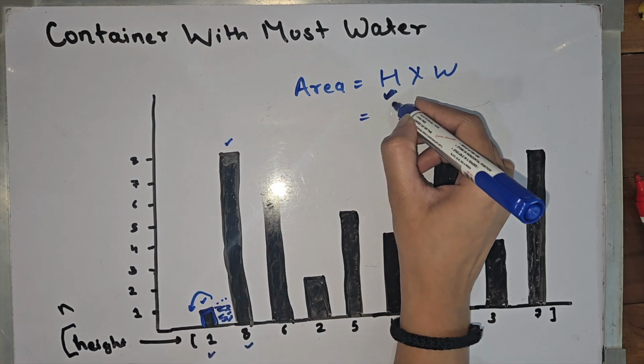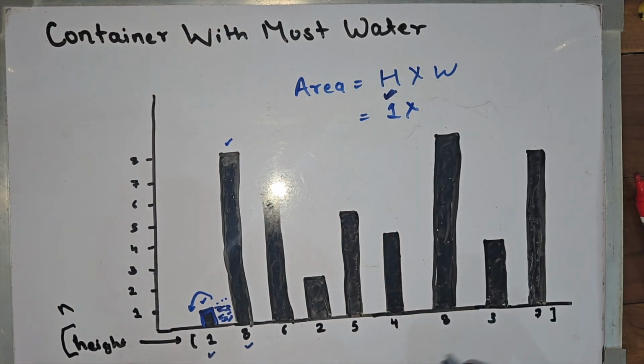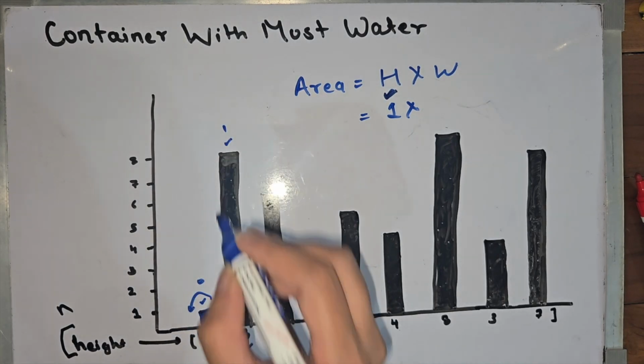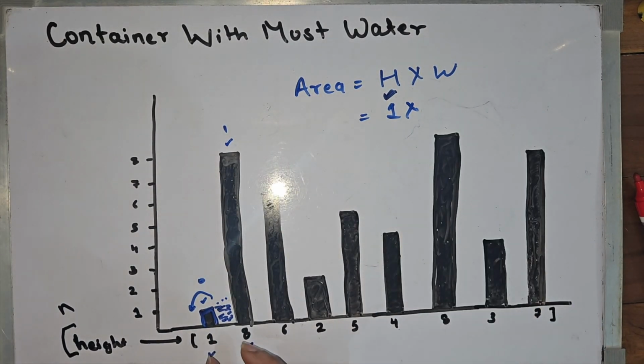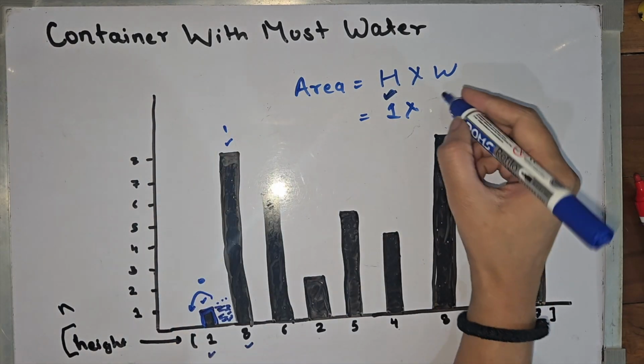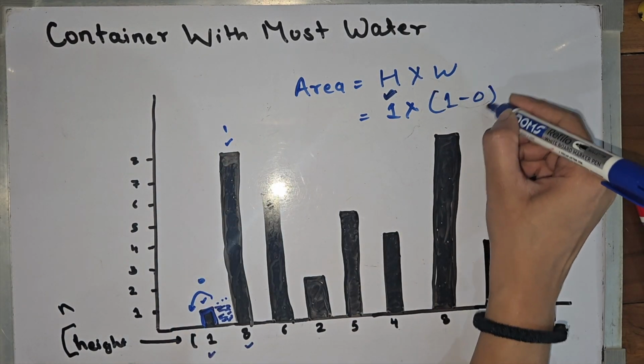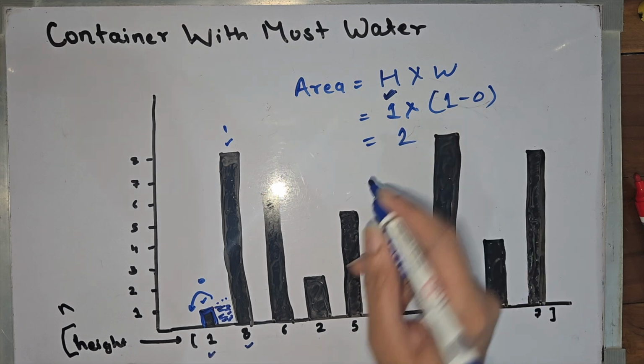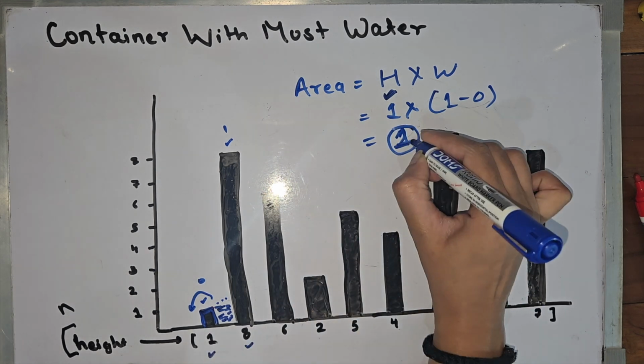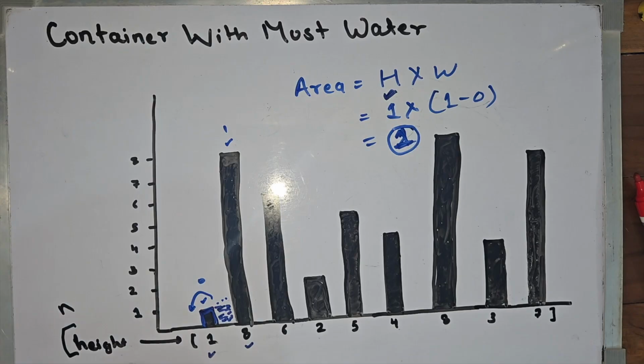So area is equal to 1 into width. What is width? It is the difference of the indices. This is the 0th index, this is the first index. So width will be 1 minus 0, which is equal to 1. So choosing these two lines can hold 1 unit of water, right?